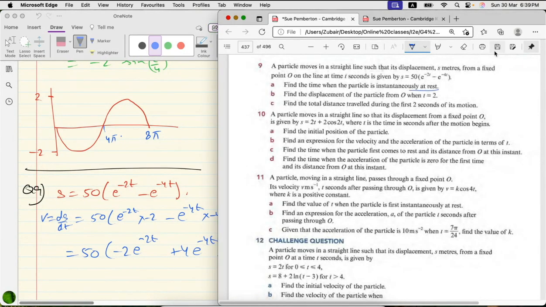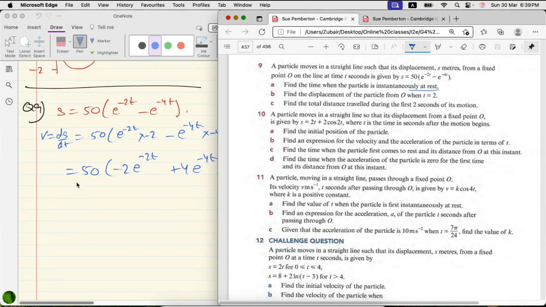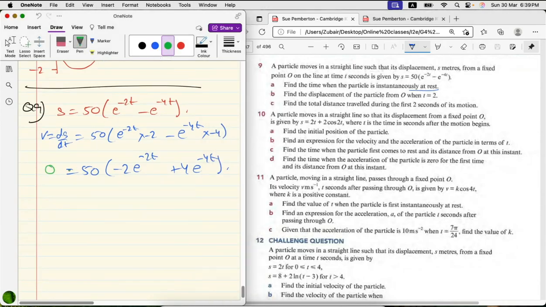Particle is at rest, so velocity is 0. 50 goes on the other side, divides, it's 0. Minus 2 e raised to minus 2t plus 4 e raised to minus 4t. 2e raised to minus 2t is equal to 4e raised to minus 4t.